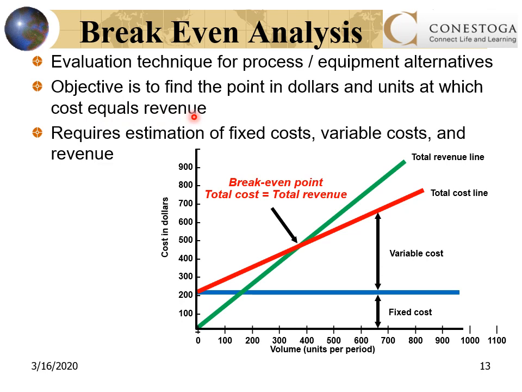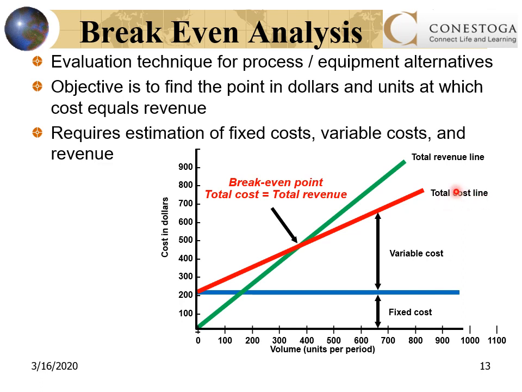For estimating the total cost, we need the fixed cost, the variable cost, as well as the revenue. If we have this information, let's see how to calculate it. Let's look at this graph. The blue line represents the fixed cost. Once you have the fixed cost and the variable cost information, you can estimate the total cost.